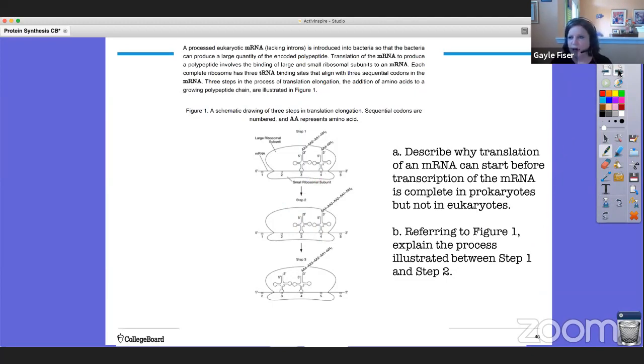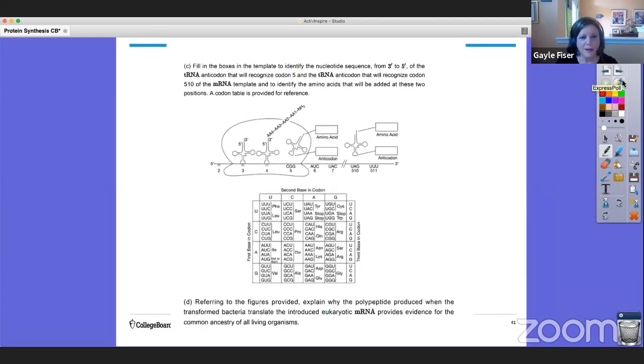All right, let's check. I think that I have C and D before we get to the scoring guidelines. This is my favorite part. Fill in the boxes in the template to identify the nucleotide sequence from 3' to 5' of the transfer RNA anticodon that will recognize codon 5 and the transfer RNA anticodon that will recognize codon 510 of the messenger RNA template, and to identify the amino acids that will be added at these 2 positions.